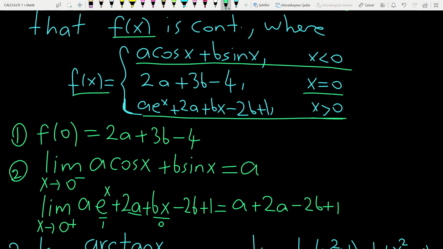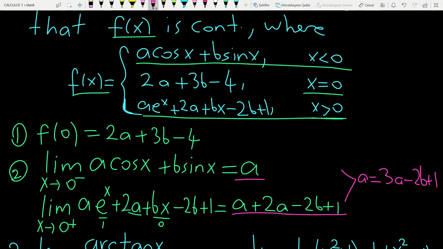Let's make these two expressions equal to each other. Then you have a is equal to 3a minus 2b plus 1.